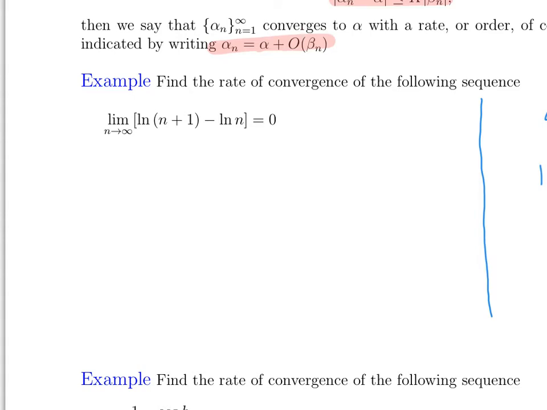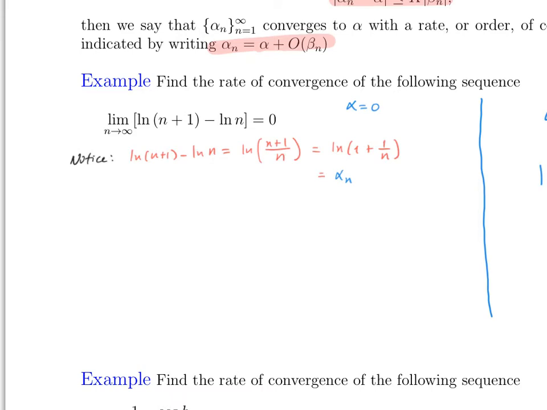Right, so here, notice, using pre-calculus, ln of n plus 1 minus ln of n is the same thing as ln of n plus 1 over n, which is the same thing as ln of 1 plus 1 over n. And this will be defined to be alpha n. Clearly here alpha is equal to 0 because the limit is 0, so this converges to 0.